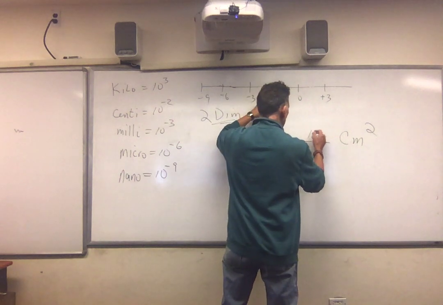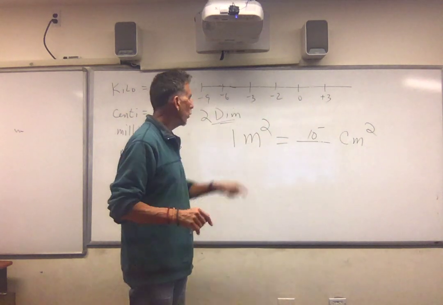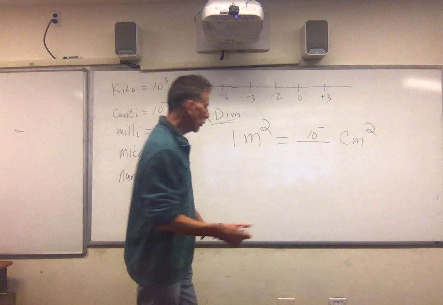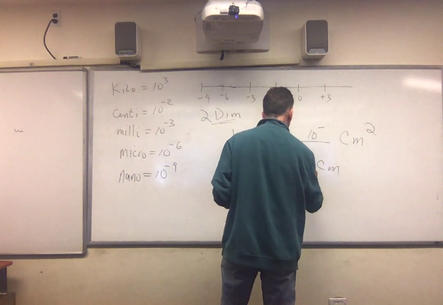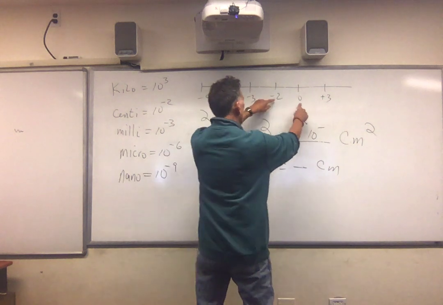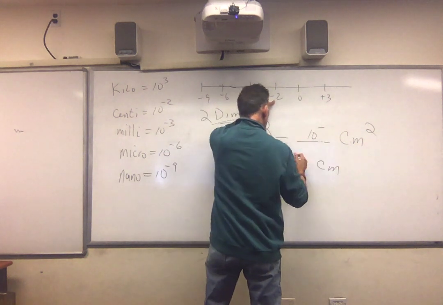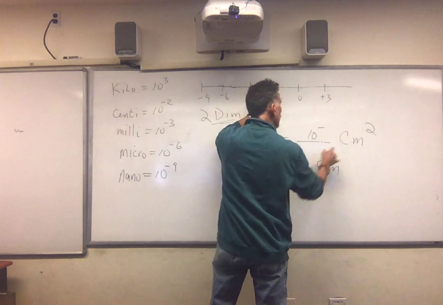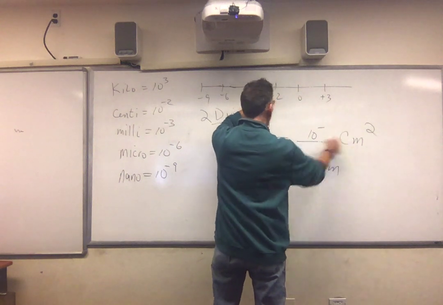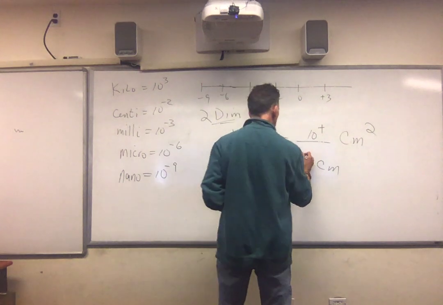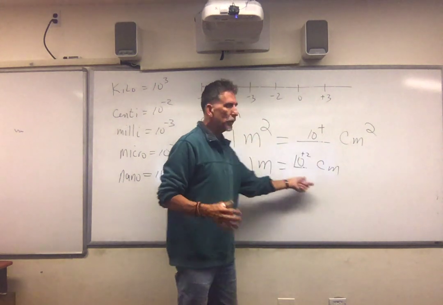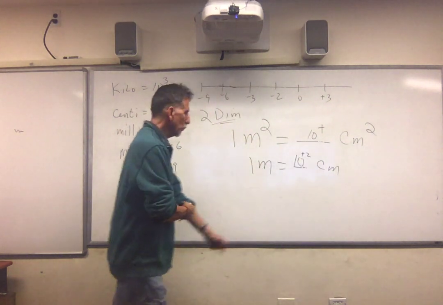But before we do the square, let's just do a single one. 1 meter is how many centimeters? Well, clearly, here to here is 2 steps. I said it backwards, right? Smaller is positive. So this would be plus 2. 1 meter is 100 centimeters, okay?